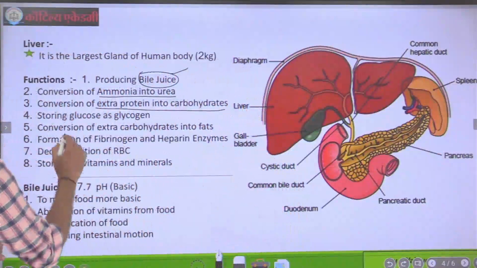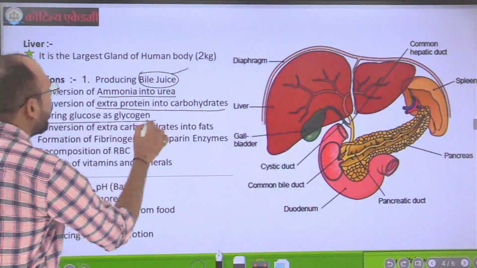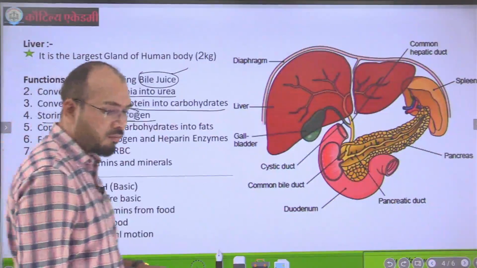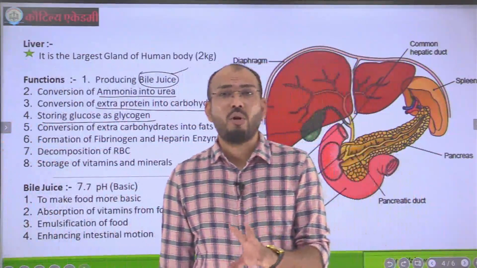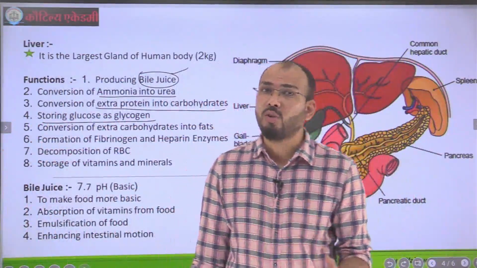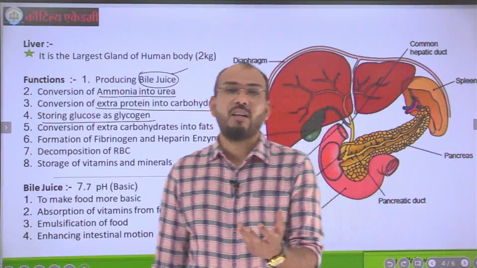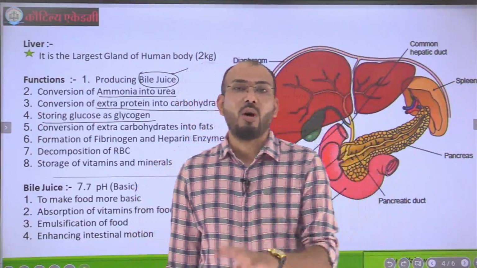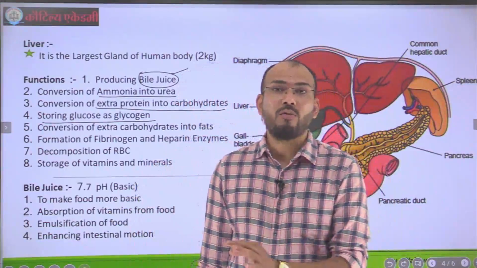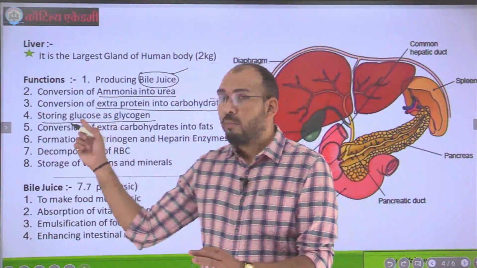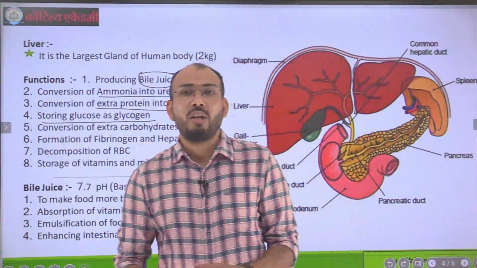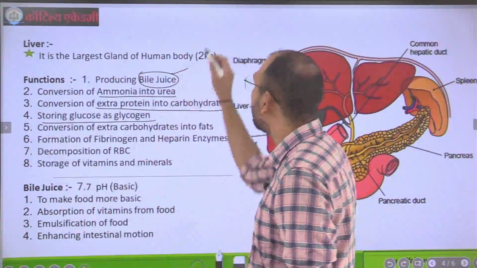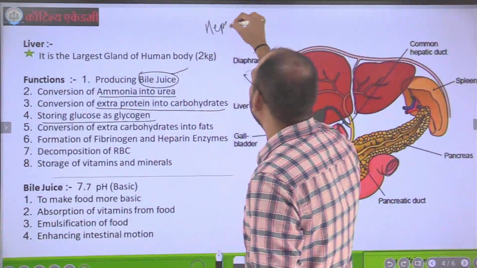Fourth, storing glucose as glycogen. Glycogen is a polysaccharide, a denser form of carbohydrate that is easy to store, and as I said, the liver never lets anything that is a part of nutrition go out of the body. So glycogen converted from glucose is stored in the hepatic cells.